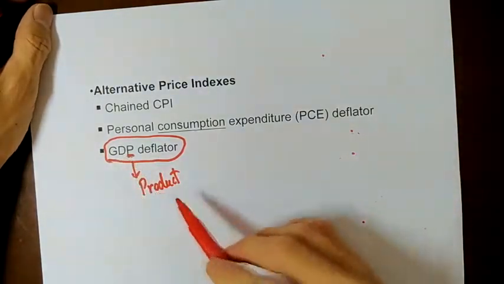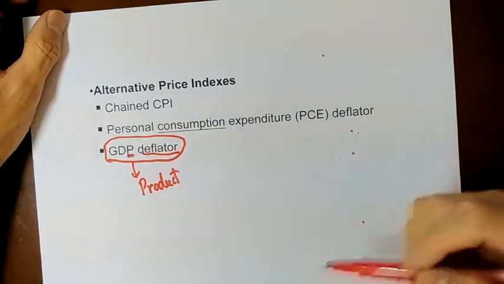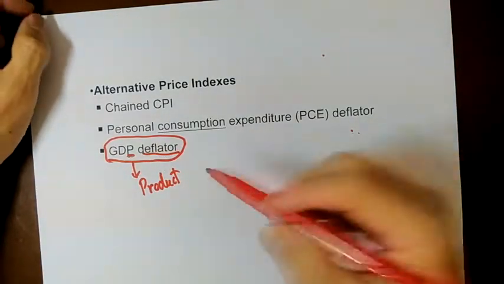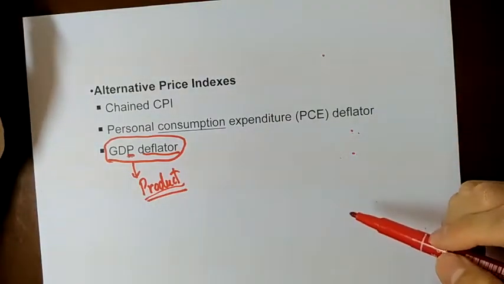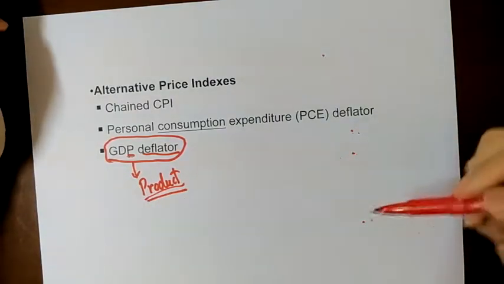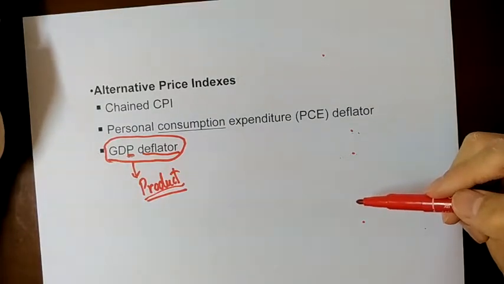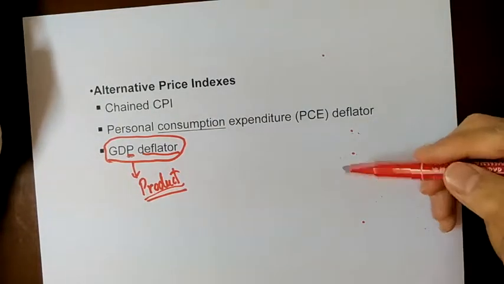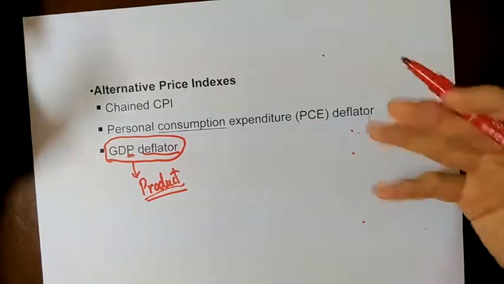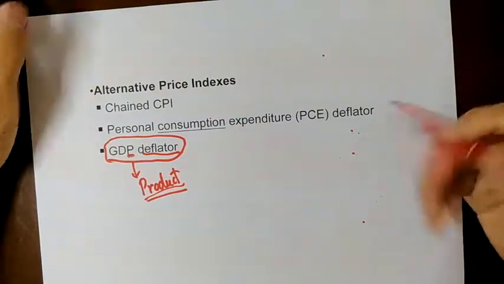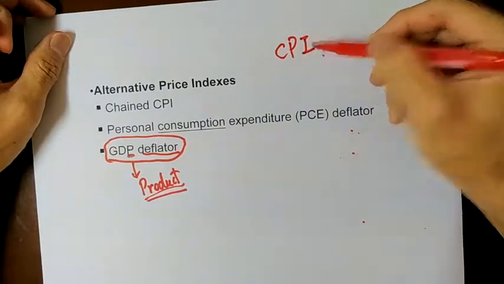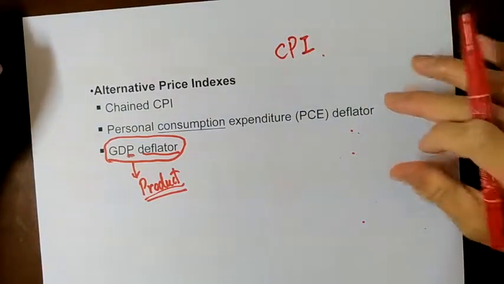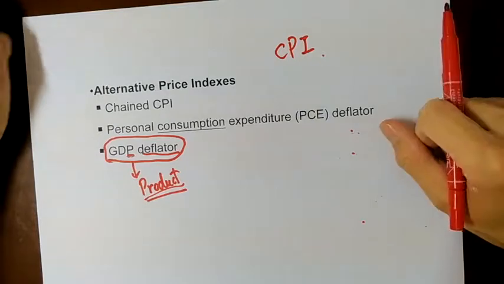Gross domestic product. So this deflator reflects the overall price level of all the goods and services produced in the economy. And we say that, well, it may be too broad, that we don't really care. So what we care about is the consumer price index. That's what we introduced in chapter 5, part 1.